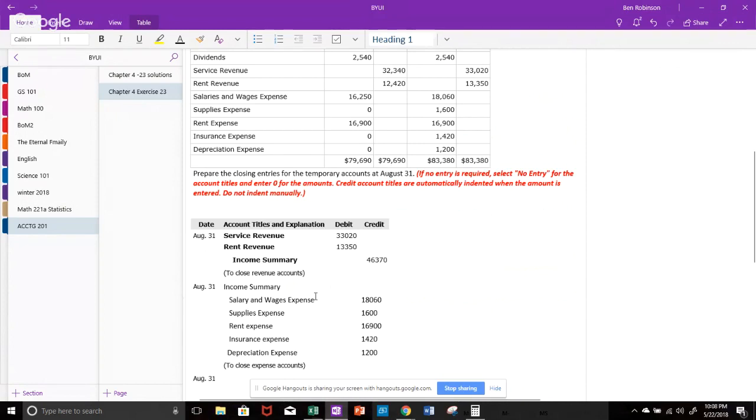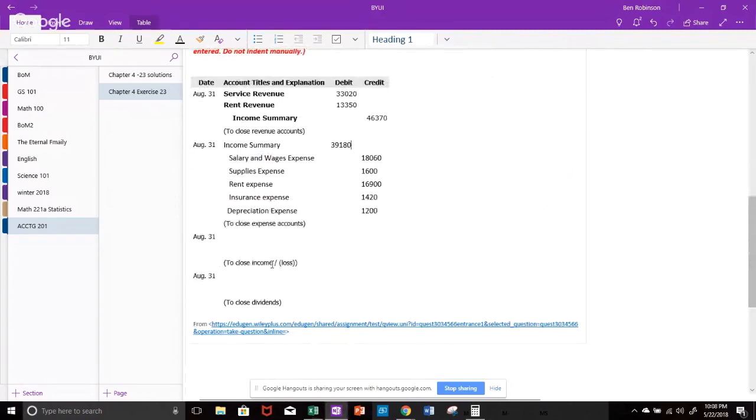the total that we're then going to debit into the income summary account is $39,180. Okay. Then the next thing we need to do is close out the income or loss, and to determine what that is by moving it from the income summary to retained earnings.